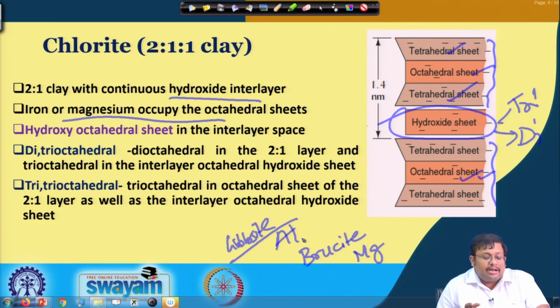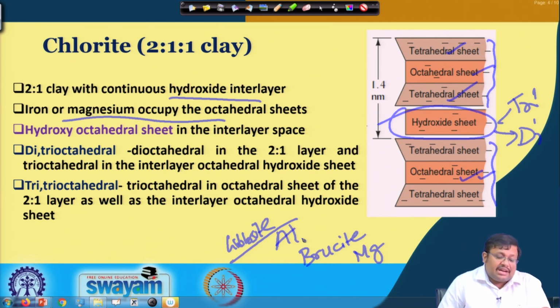In this condition, it will be called a ditrioctahedral chlorite. Another condition is trioctahedral chlorite. That means trioctahedral in the octahedral sheet of the 2:1 layer as well as the interlayer octahedral hydroxide sheet. So, both the hydroxide sheet as well as the octahedral layer will be dominated by magnesium in case of trioctahedral.